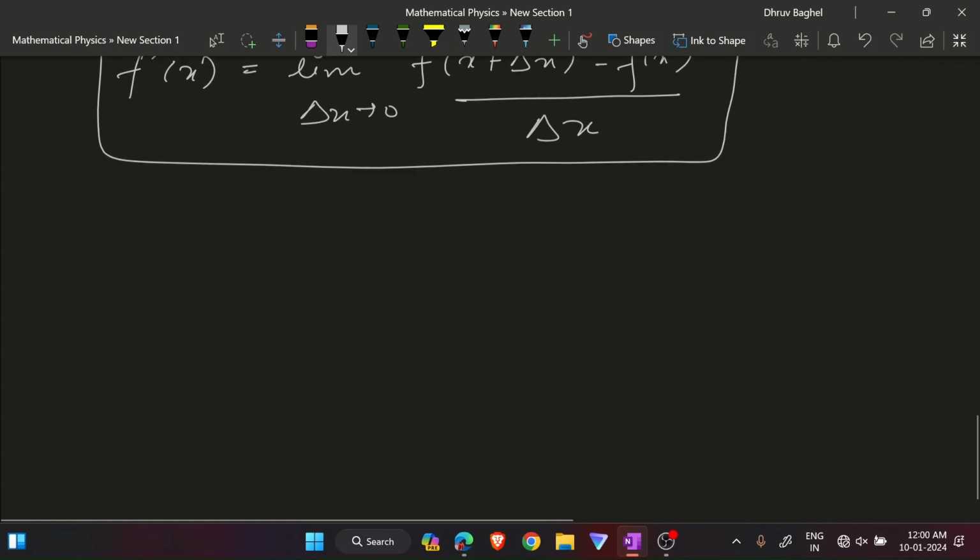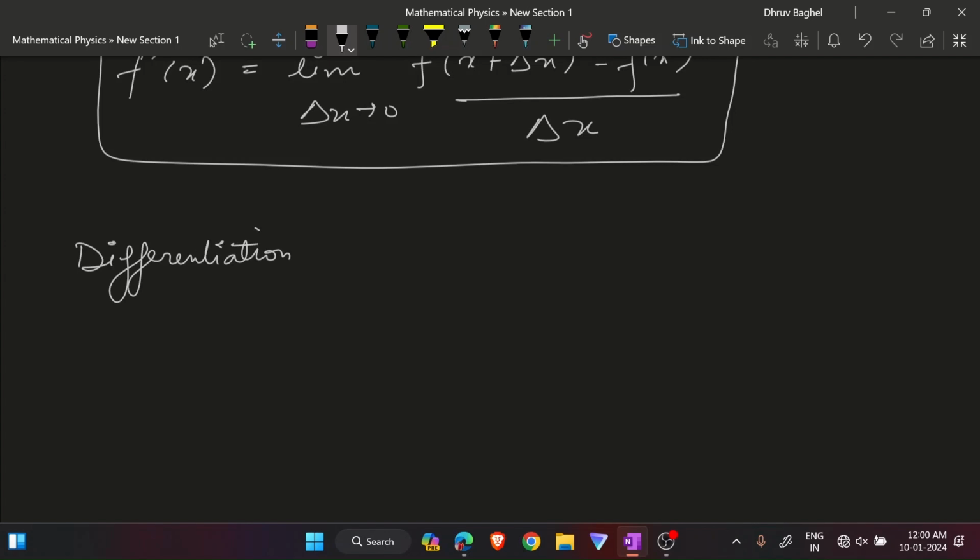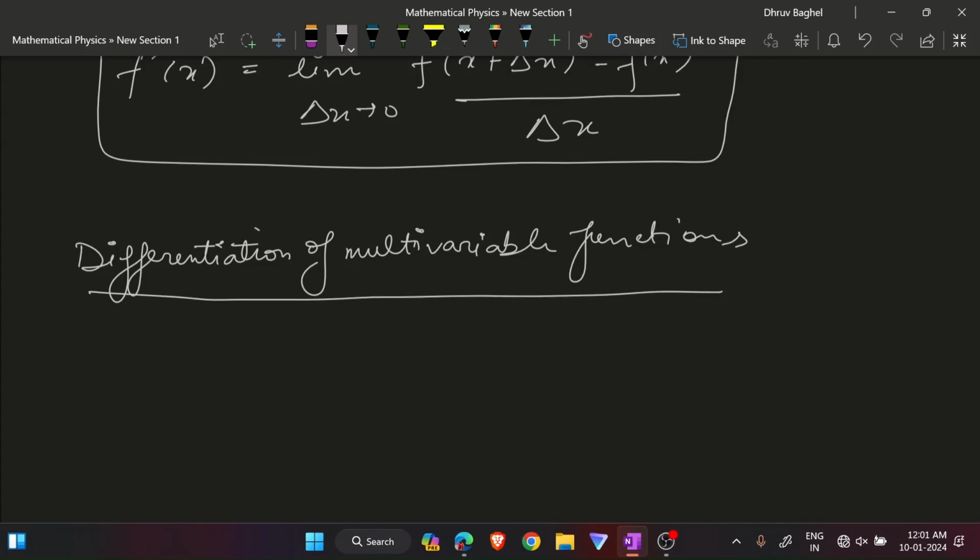But what about derivatives of functions having more than one variable? Differentiation of multivariable functions, or I will call them scalar fields here.